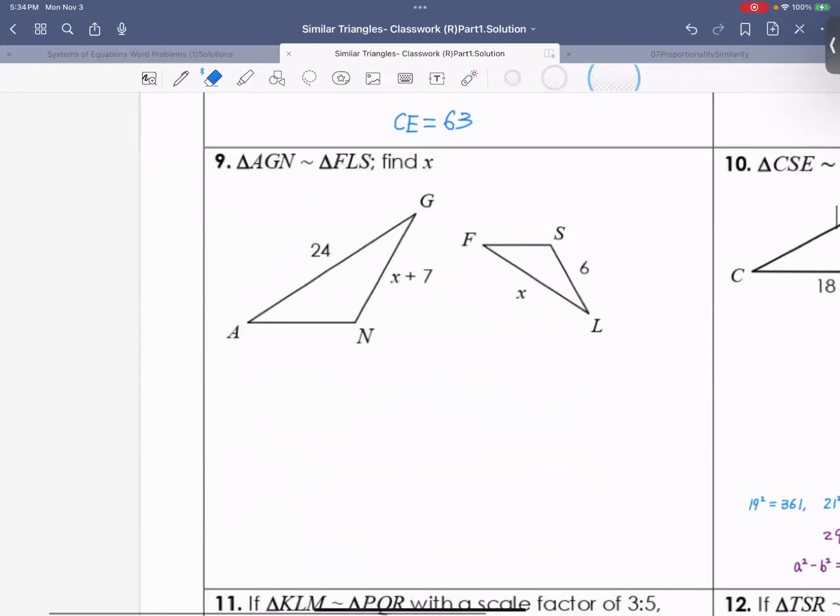Okay. Go try this. Don't just randomly do 24 match to 6 or whatever. Look at here. Who is AG? AG is to FL. Who is GN? GN to LS.